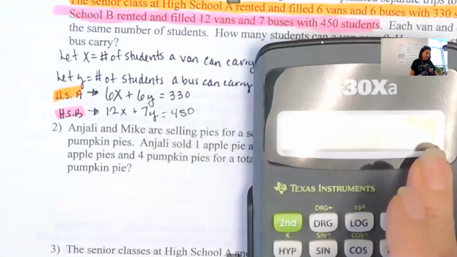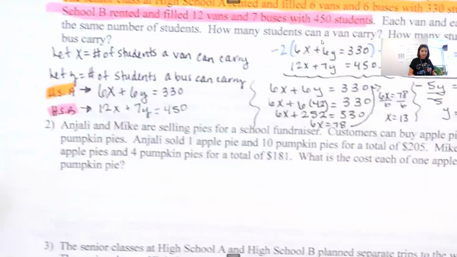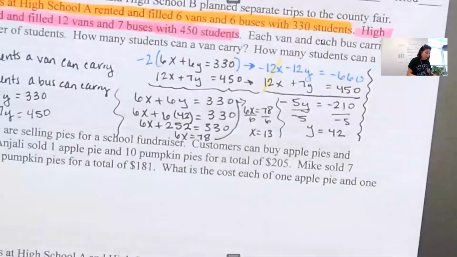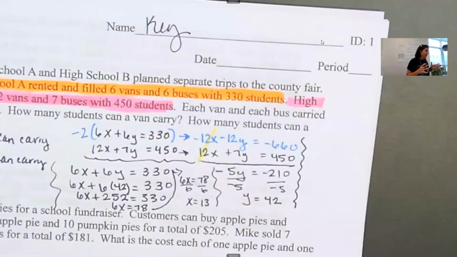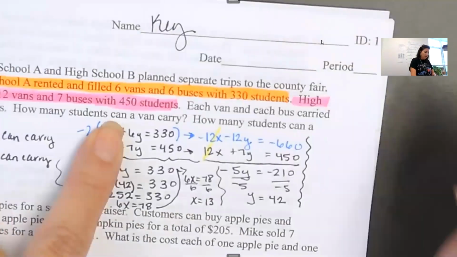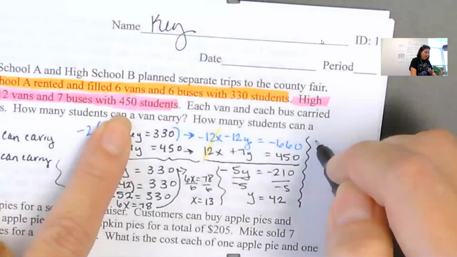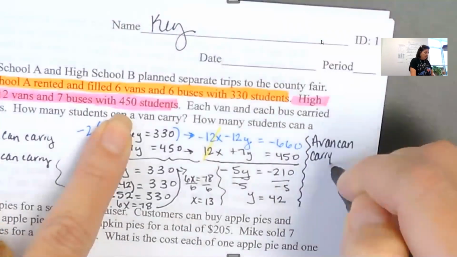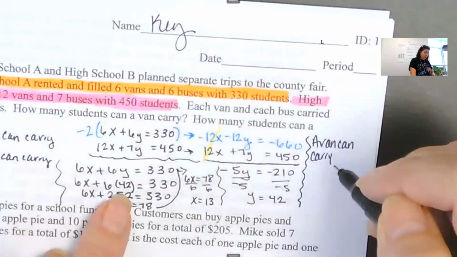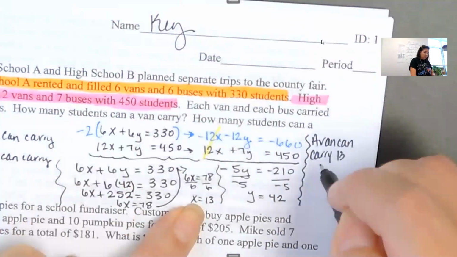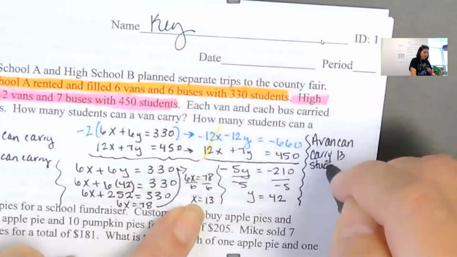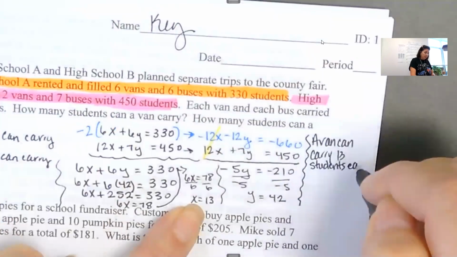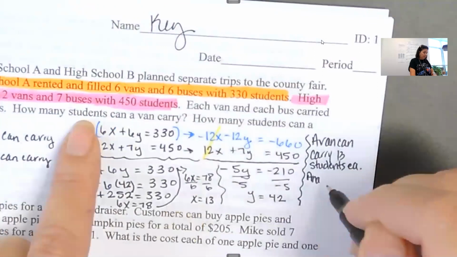Let's look at example 2. Oh, we should say this. We didn't really answer the question. Don't give this to me as an ordered pair. Answer the question. It's a word problem, right? So how many students can a van carry? We said vans were X, 13 students each. And how many students can a bus carry?